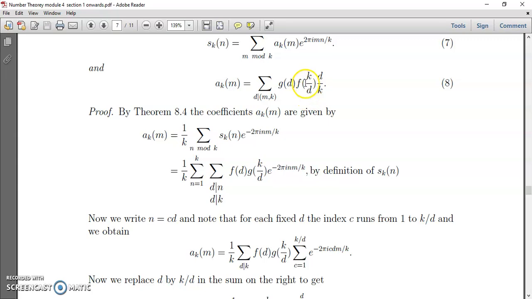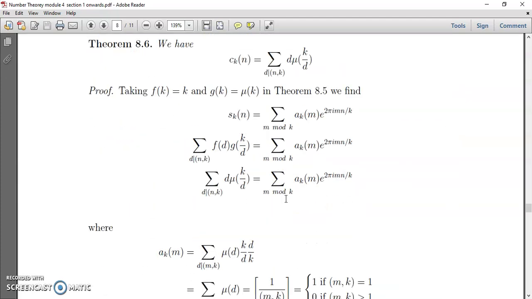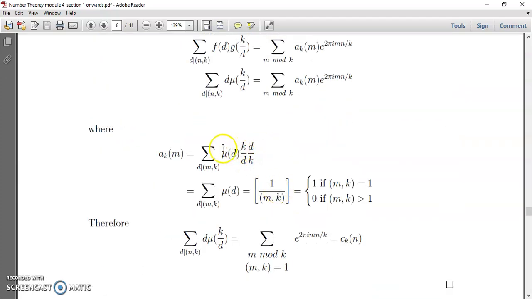So here this g of d becomes mu of d, and this f of k by d will become k by d, because f of k becomes k. So that is why the result has become mu of d, k by d, d by k. So here this will be cancelled and we are getting sigma d divides gcd(m,k) mu of d.